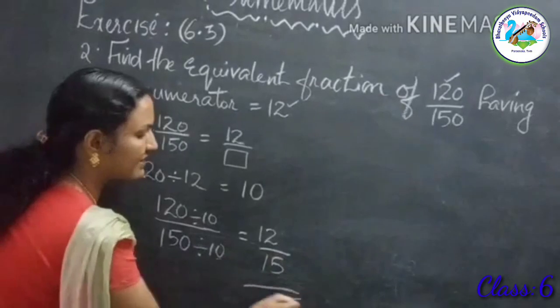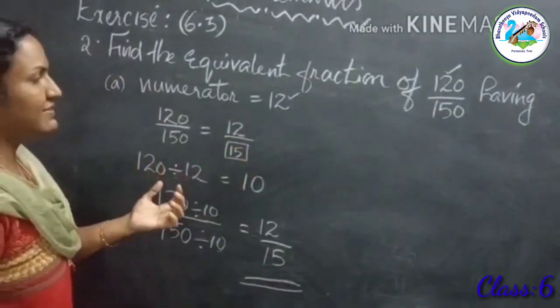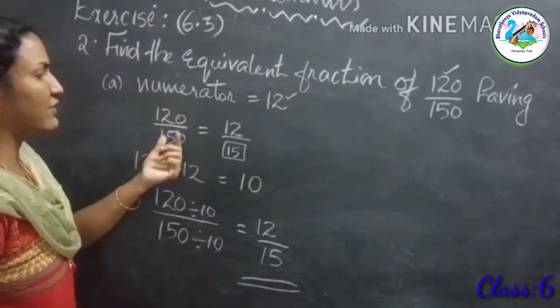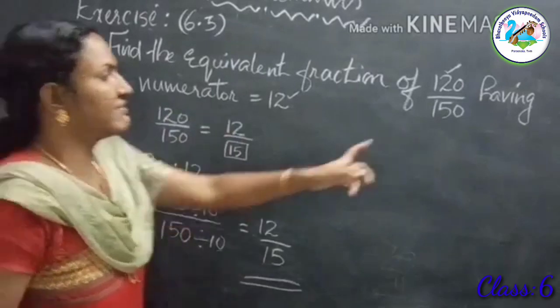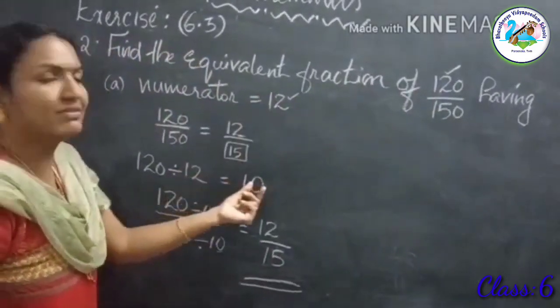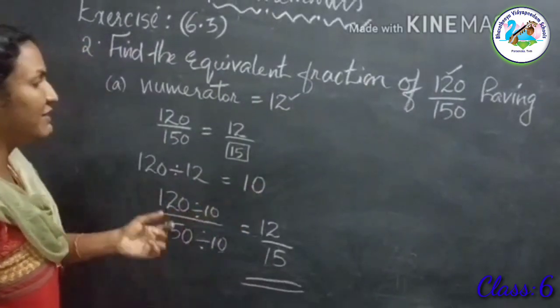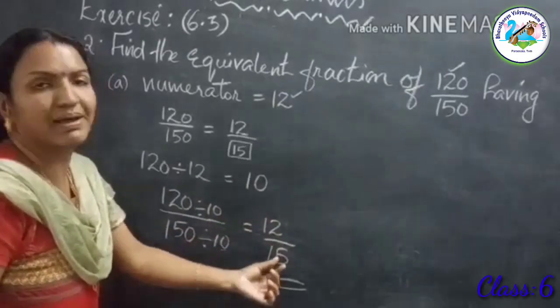The answer is 12 by 15. To recap, the required fraction is of the form 12 by something. First we divide the numerator by the required numerator, we get 10. Then we divide both the numerator and denominator by 10.